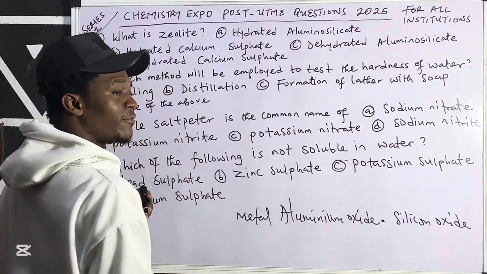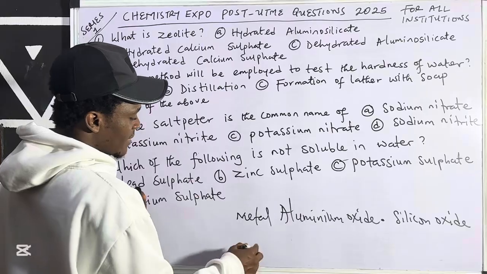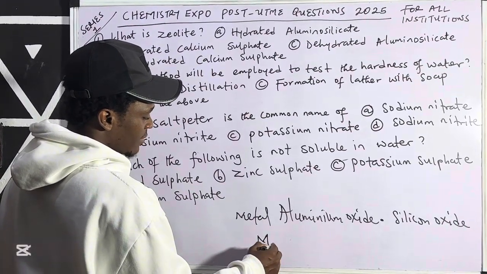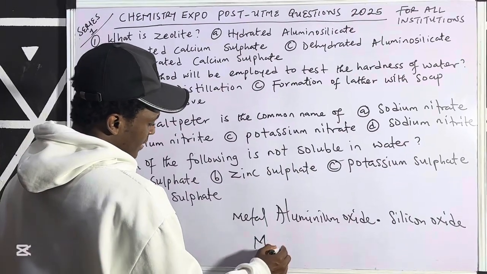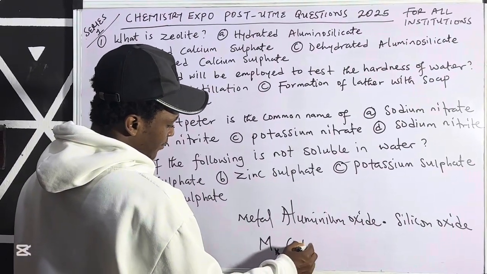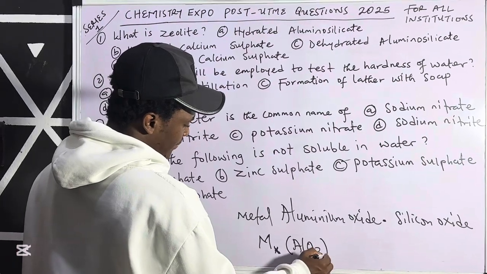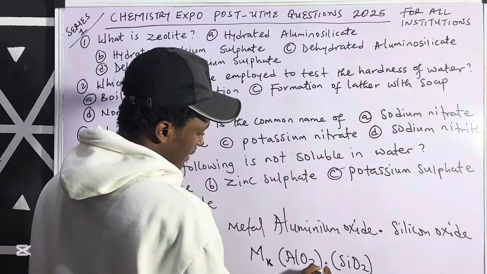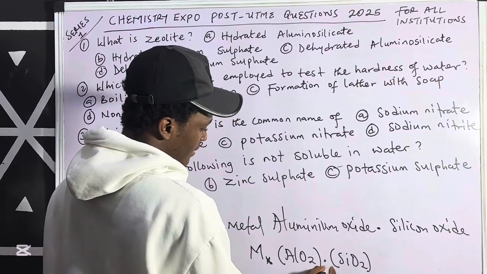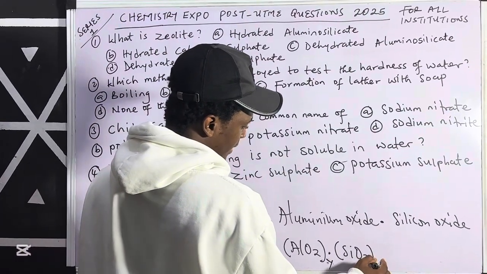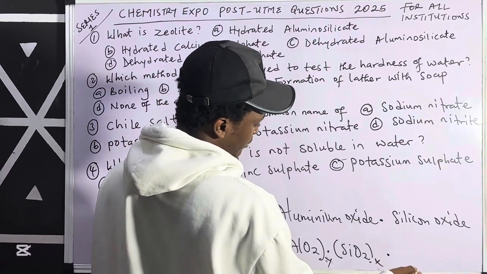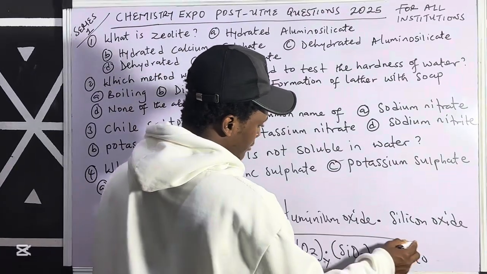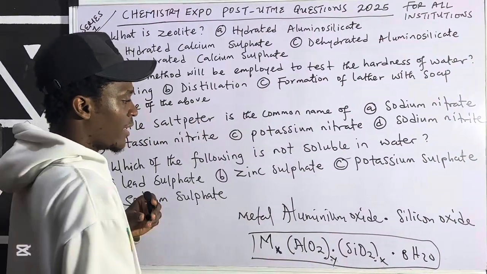So if I would want to write the formula, then I should write it as M representing the metal, and then I can put a subscript here to indicate the number I'm to attach to it, and then AlO2, then dot SiO2, then I can put a letter here, maybe even Y, and then put, let's say, X here, and then dot, I can put, let's say, B here, BH2O. So this can be used to represent the formula of zeolite.